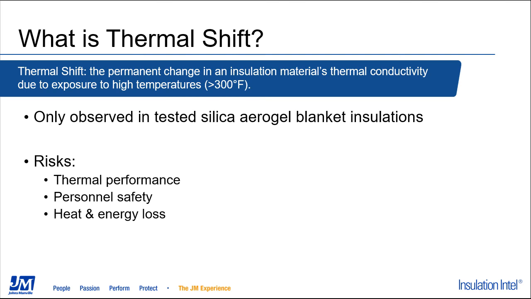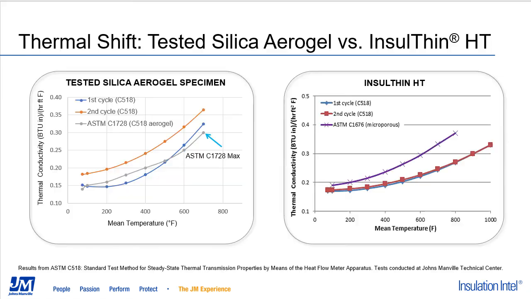And the risks of thermal shift are that if the thickness of the material was calculated based on the pre-thermal shift thermal conductivity values, you could have less thermal performance than the system was originally designed for, which can mean that you now have a higher surface temperature than you originally calculated, or you have an increase in heat loss or energy loss, and therefore the system isn't going to operate as efficiently as designed.